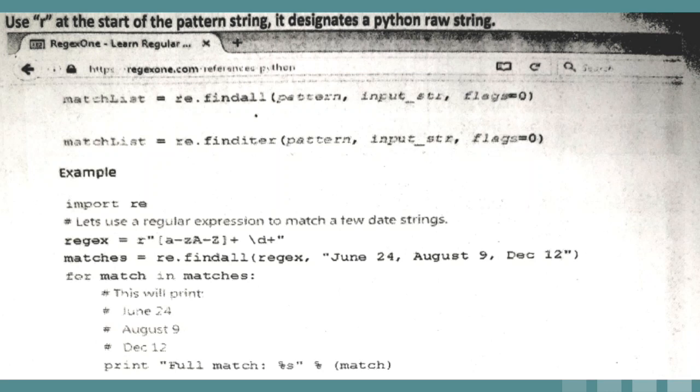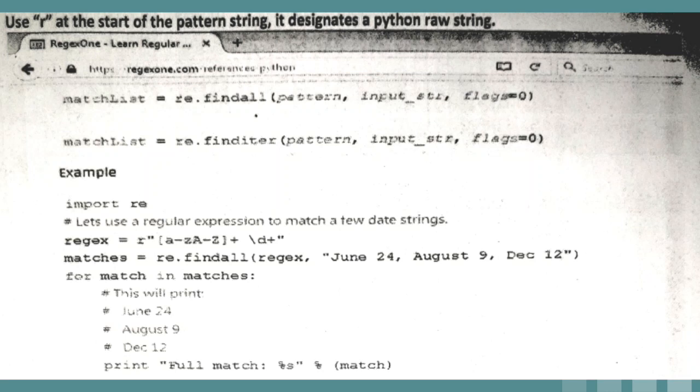In the previous program we directly provided the pattern inside the find all function or search function, but now in this example I have written the pattern separately with the help of a raw string, and then passed that pattern, because the syntax is that first we need to provide the pattern and after that the text or string which we want.